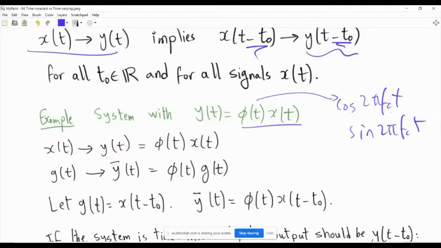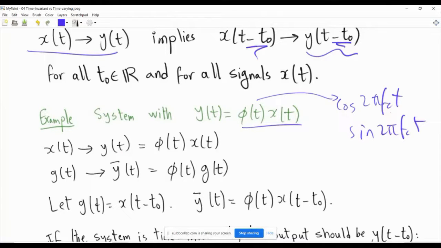The input in those communication or radar systems will be pulses carrying information, so this is not a far-fetched system. Actually, communication systems are like this. They have a component that does this thing here.